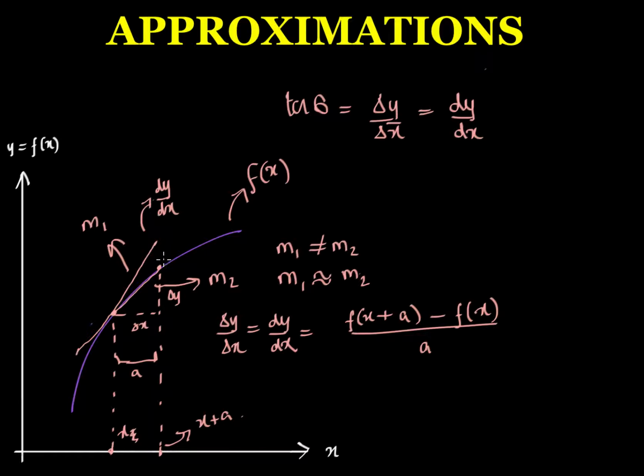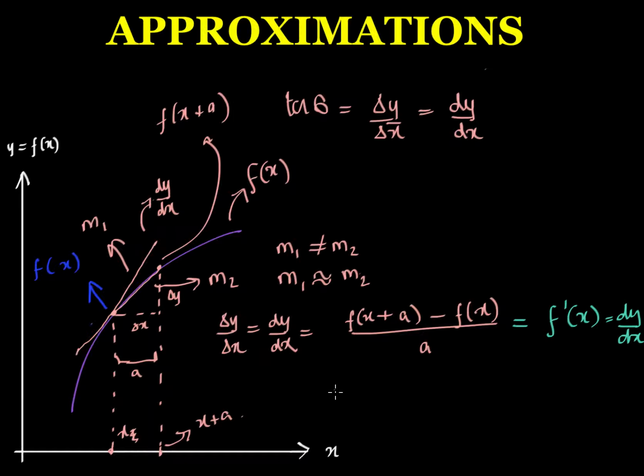And essentially this should be f of x plus a, and this should be f of x. So we have f of x plus a minus f of x divided by a is equal to f dash of x, because that's equal to dy by dx, right?